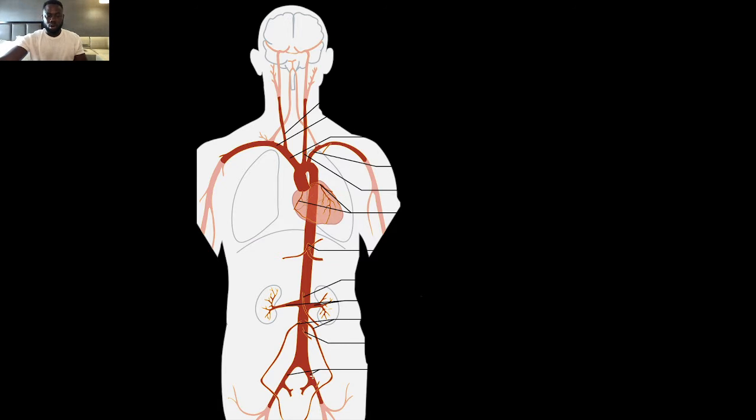Then we'll also look at the branches where it bifurcates, all the branches of the aorta. We'll look at all of them, and then the pelvic supplies. Those that go into the arms, we'll look at them, and how it goes into the head, we'll look at all of them. So this video is going to be power packed. Wherever we get to and we get tired, we'll pause there, and then in the second video I will continue from there. So please pay attention, and let's do this.